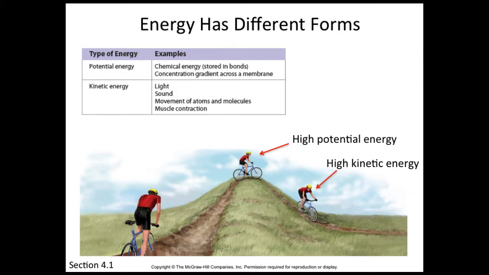In the diagram, it shows us a cyclist that pedals to the top of a hill. At the top of the hill is where the cyclist has the highest potential energy. But then as they coast down the hill, at the bottom of the hill is where that cyclist has the highest kinetic energy.